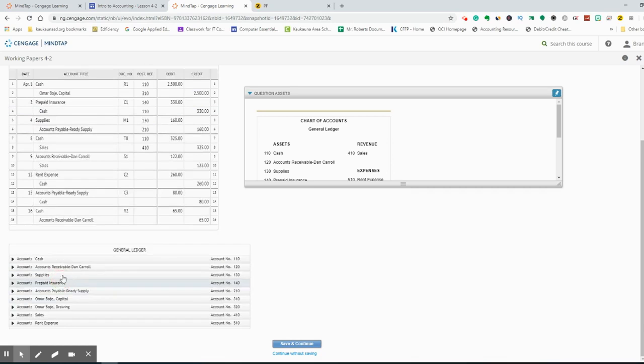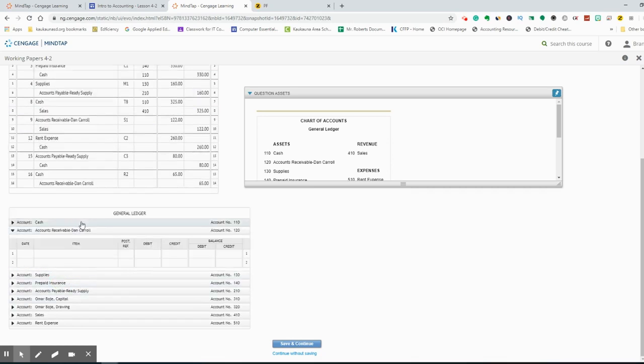Next, accounts receivable. Dan Carroll. Put in the date. Post reference is still G1. $122 debit. Bring that balance over. Last thing we do is write in our account number in the post reference.